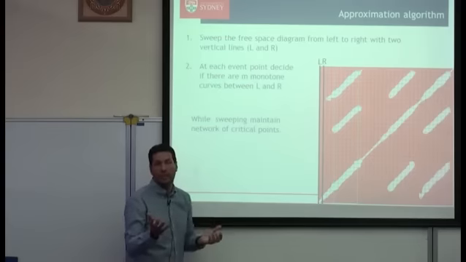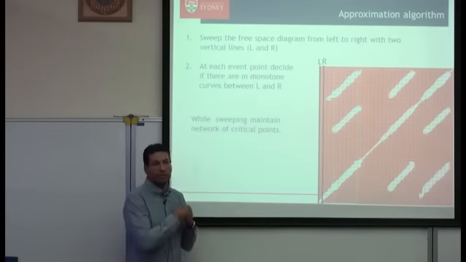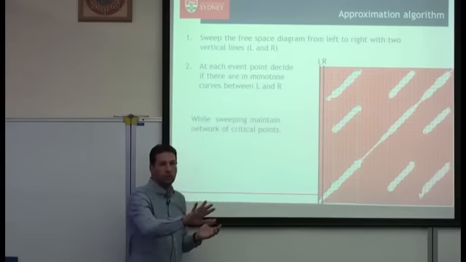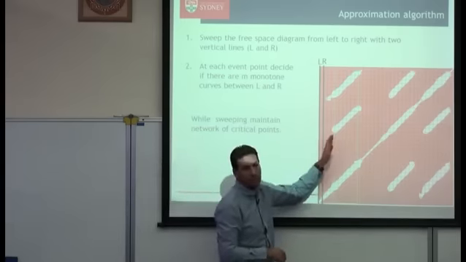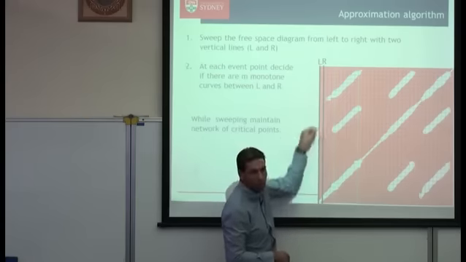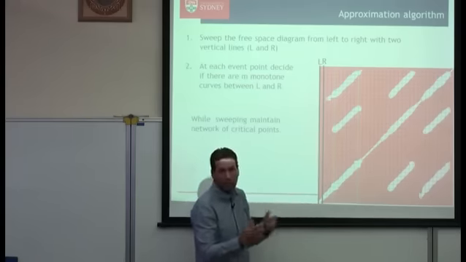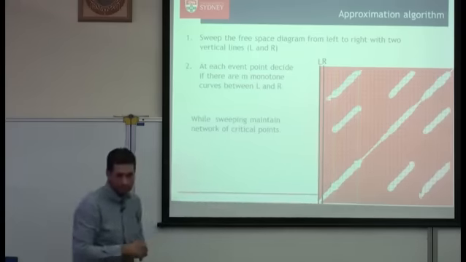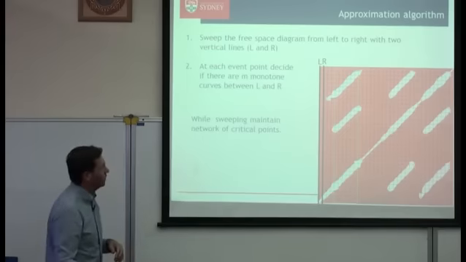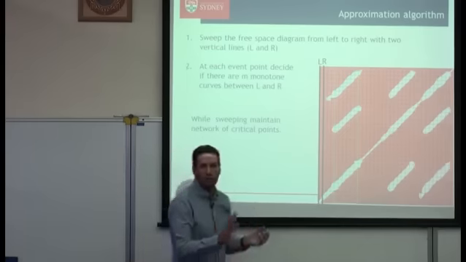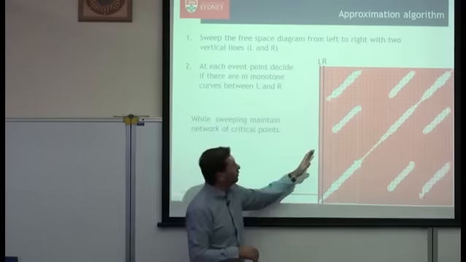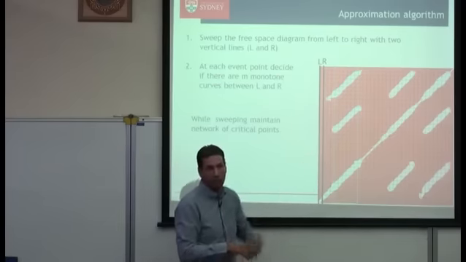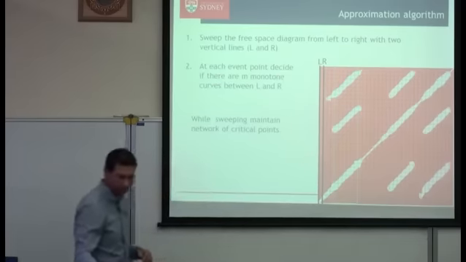So it's exactly what we did yesterday on the free space diagram. Yesterday we computed a free space and then computed a network of that. But here, we are going to do it step by step. So every time you add a new one, you will add the critical points for those cells. You can actually pre-compute everything, but then you will lose a little bit of space, and I'll come back to that. But you can assume that the whole network of the critical points is given.